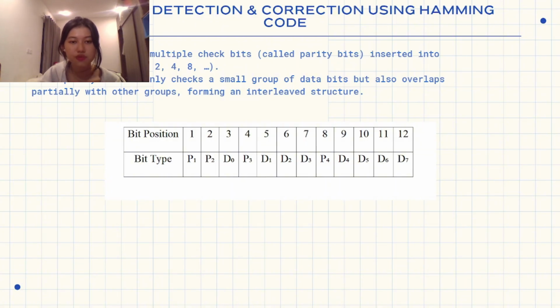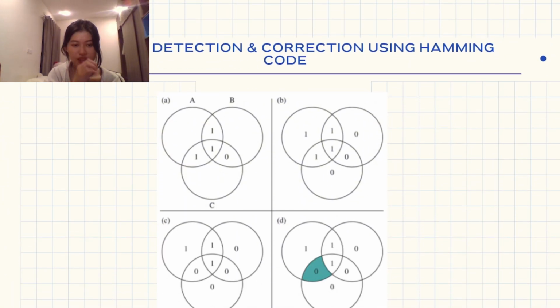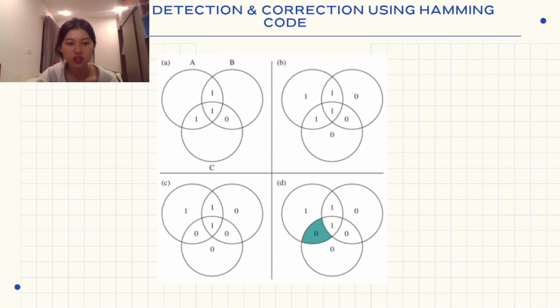To help you understand more about it, I will go with the next example. I have three circles here. I will call them circle A, B, and C, and we can see the data bits inside the circles overlap each other, and each circle is also a small group that a parity bit will check.